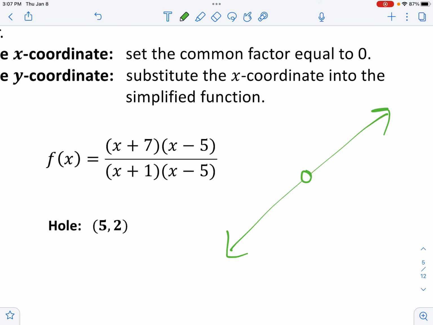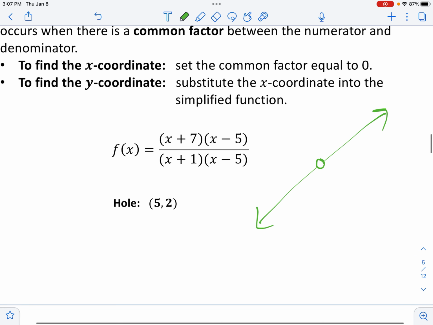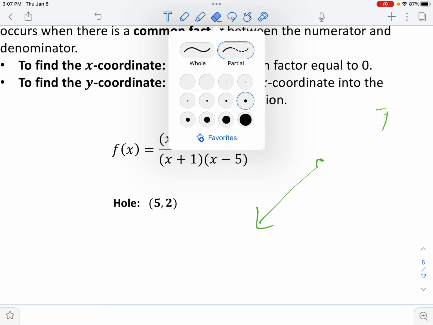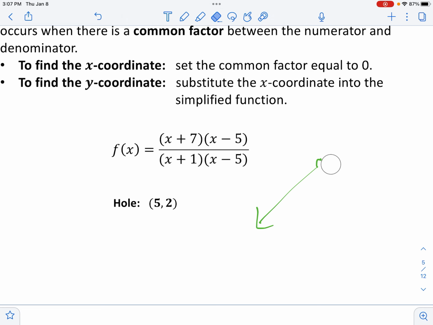So this is like a line, but it's got a hole in the middle. And again, this could be a linear function, or maybe it's like a hyperbola. You've got a branch here, and then you have a branch here, and you might see a spot in there somewhere where there's a hole.